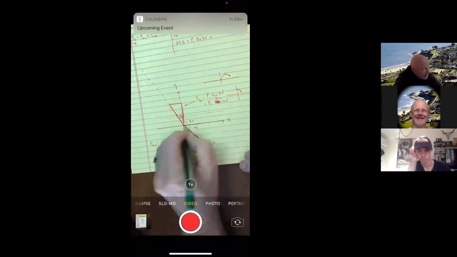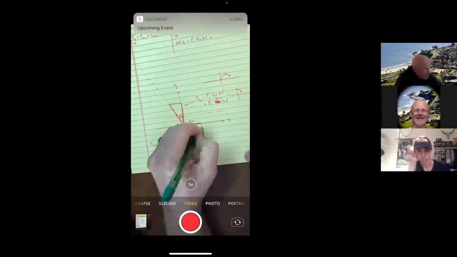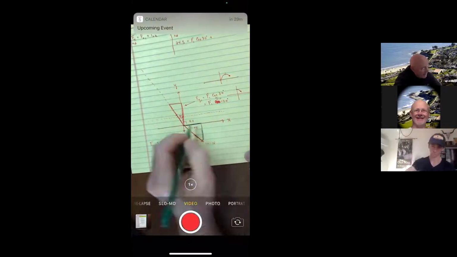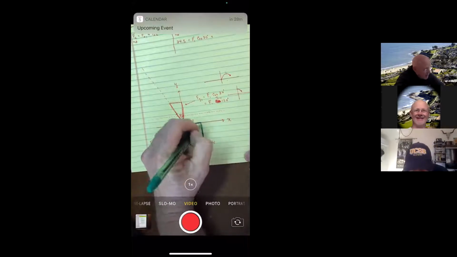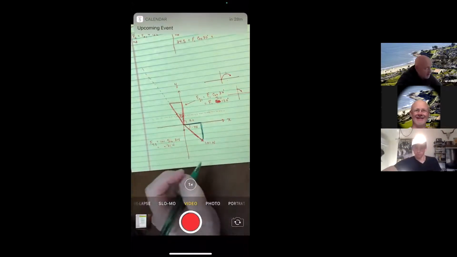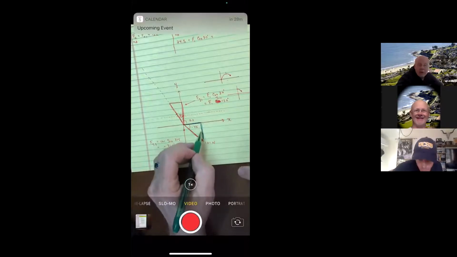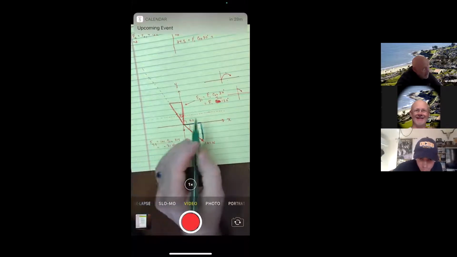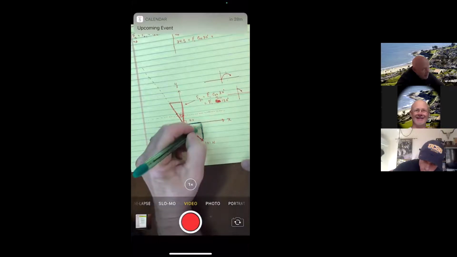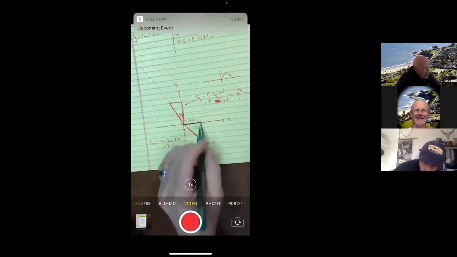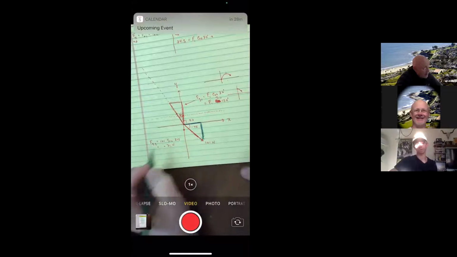But getting a good physical picture of what's going on is often what I call the first step in solving a physics problem. And you can see then that making a triangle out of this second vector has an x component and a y component. And clearly the y component is down.